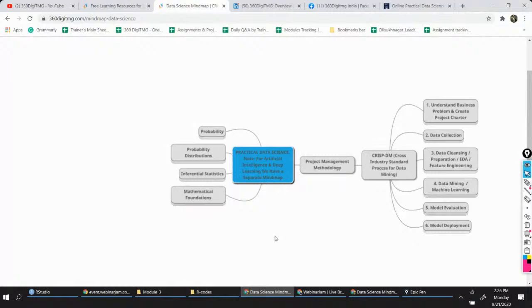So we collect the data from various sources. We have primary source and secondary source. We collect the data from these sources and then start looking into the data. This is called data collection and data understanding. When I say data understanding, remember, you have to map the data features that you're collecting to the business problems that we have understood in the first stage. It has to be mapped.